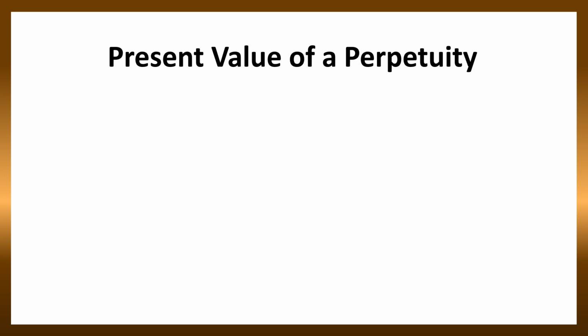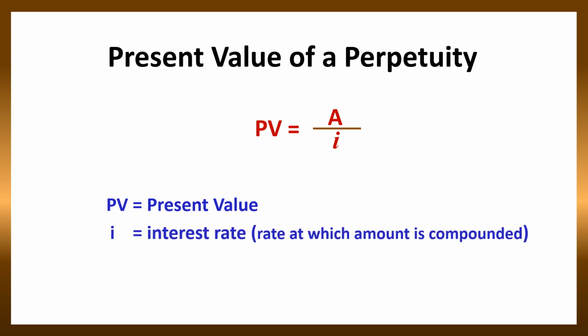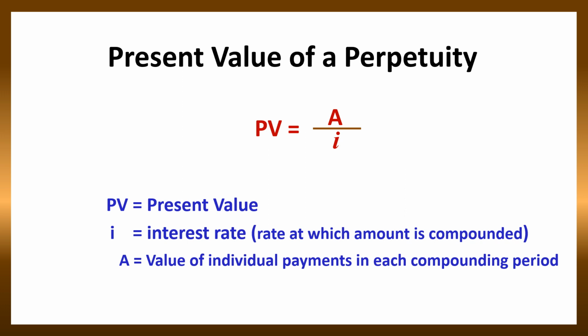The time period is extremely large. So, mathematically, N approaches infinity. Hence, the formula is PV = A / I. PV represents present value, I is the interest rate, and A is the value of individual payments in each compounding period. So, when N becomes infinity, the formula becomes simpler.